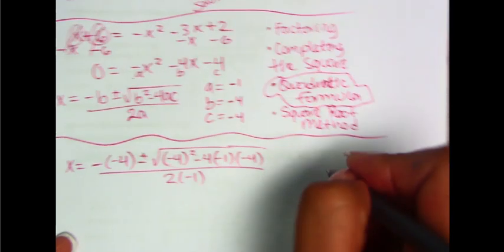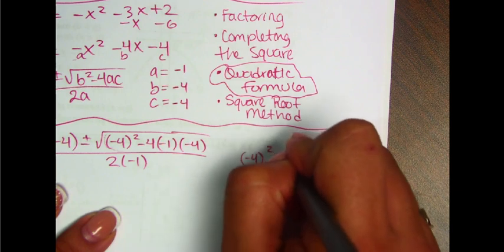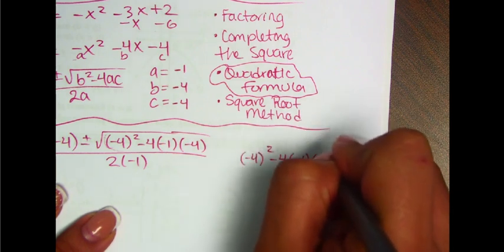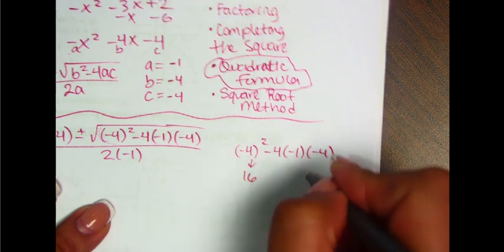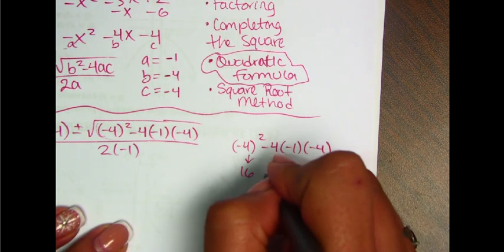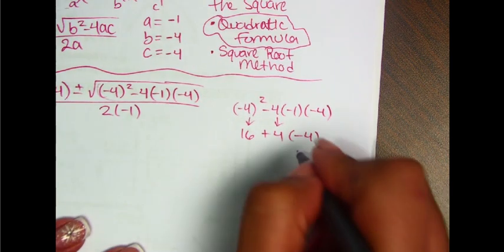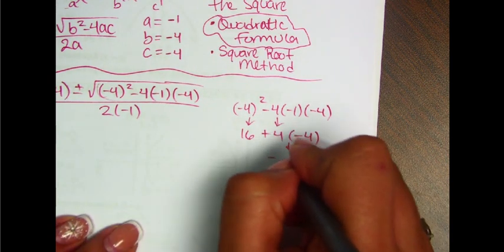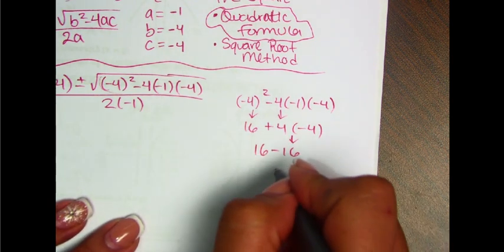If we simplify negative 4 squared minus 4 times negative 1 times negative 4, we have positive 16 plus 4 times negative 4, which gives you negative 16. So 16 minus 16 is 0.